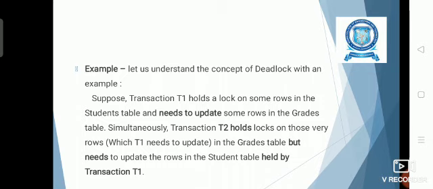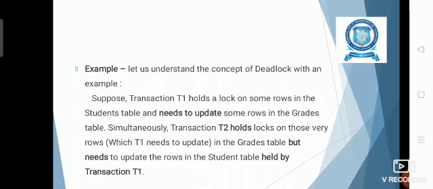So here the problem is T1 wants to update some portion of the database table which is locked by another transaction T2. On the other hand, T2 wants to access the database table portion which is currently locked by the transaction T1.